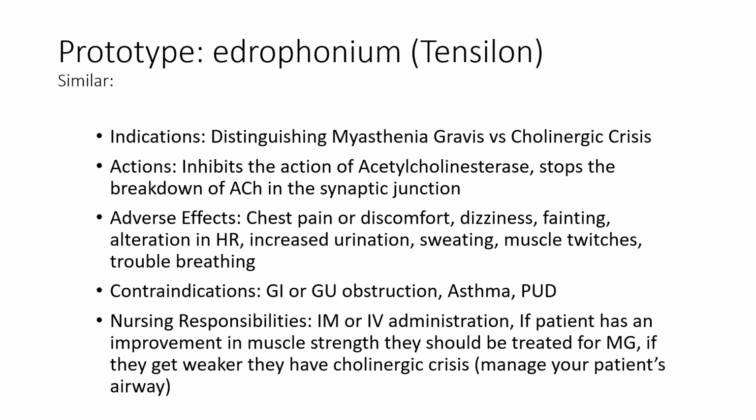So they're getting profound weakness, maybe difficulty breathing, all the signs of myasthenia gravis. Versus a cholinergic crisis, meaning I have too much acetylcholine at my neuromuscular junction and also in my parasympathetic system.